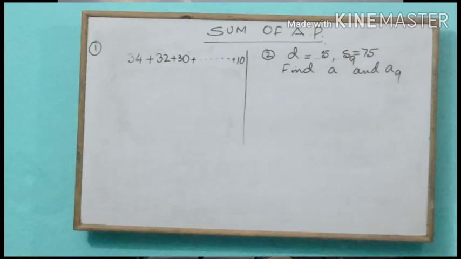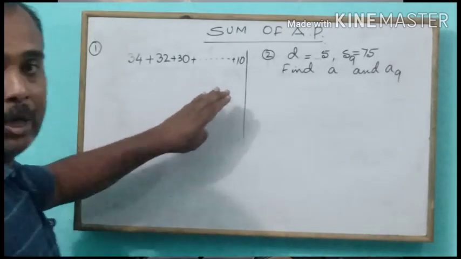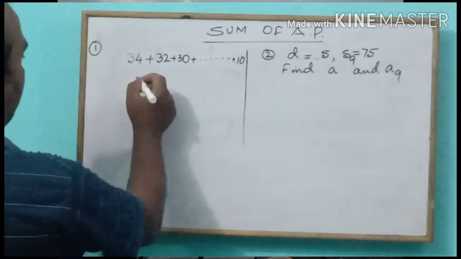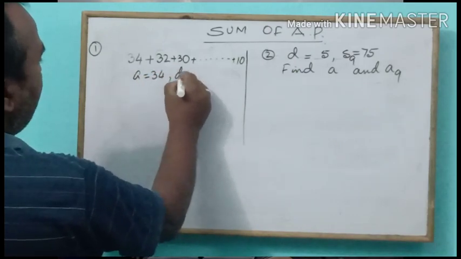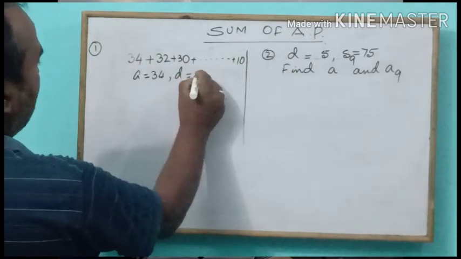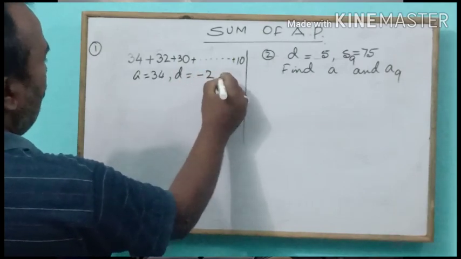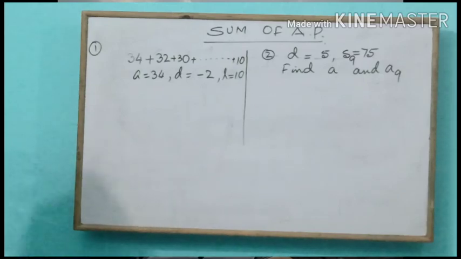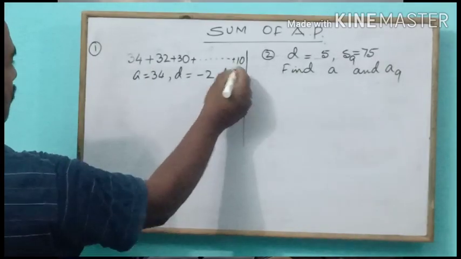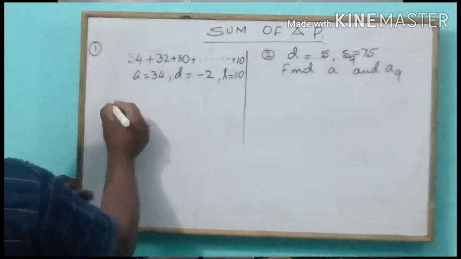Let us see this example to understand the formula. Here a is 34, d is 32 minus 34, that is minus 2, and L is 10. For the last term, we need to know how many terms there are.